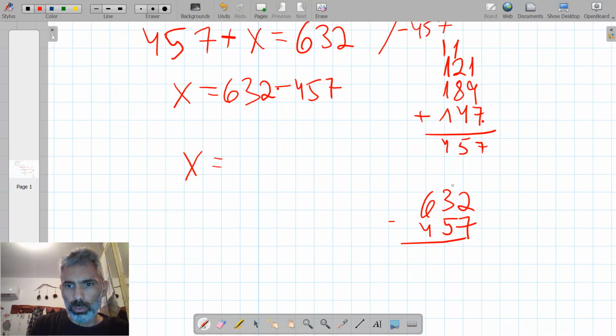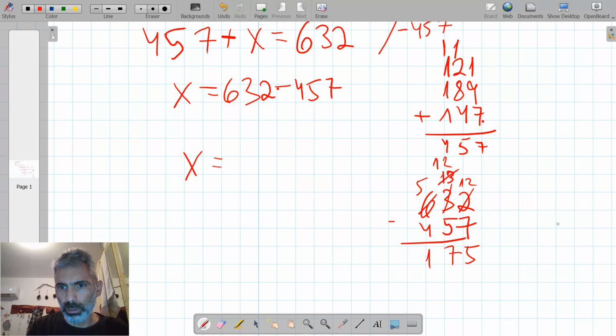Okay, 6 becomes 5 and 3 becomes 13. And 13 becomes 12 and 2 becomes 12. Okay, 12 minus 7 is 5, 12 minus 5 is 7, and 5 minus 4 is 1.